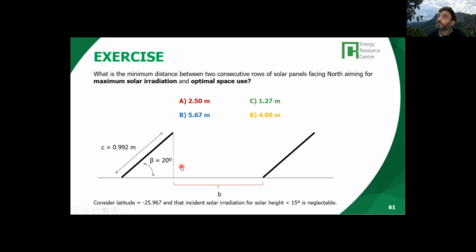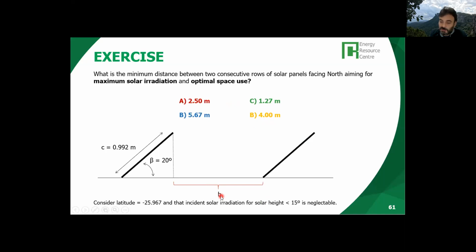So what do you think? If our PV modules are more or less 1 meter wide, what would be the distance we need to space them out? Is it A, 2.5 meters, B, 5.6, C, 1.27, or D, 4 meters?